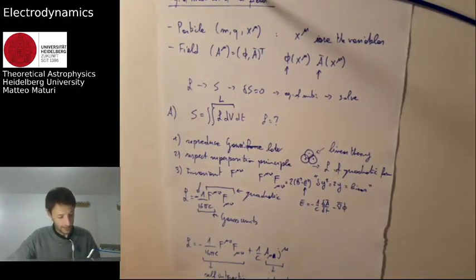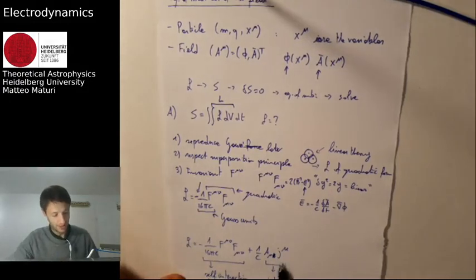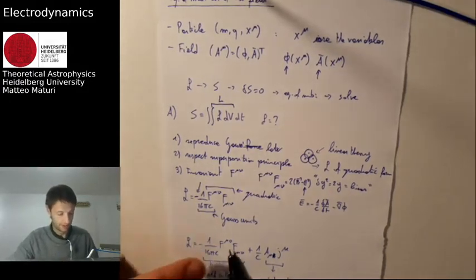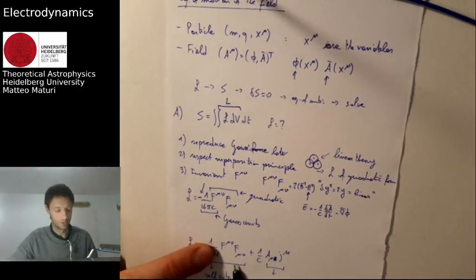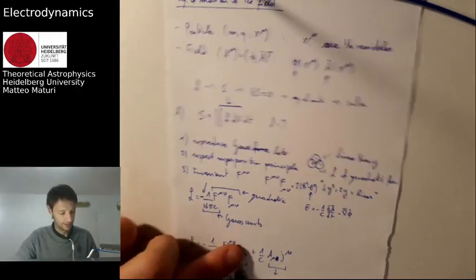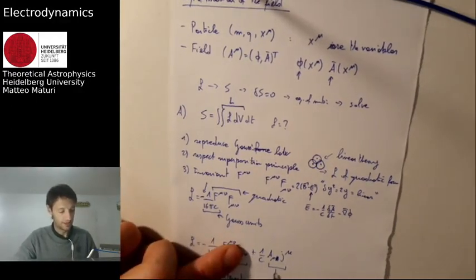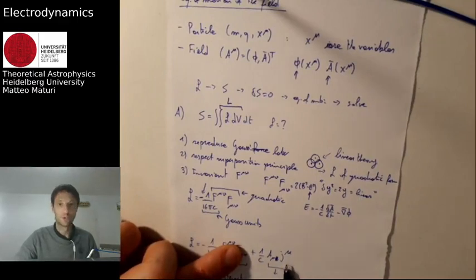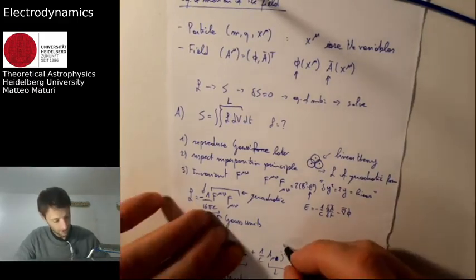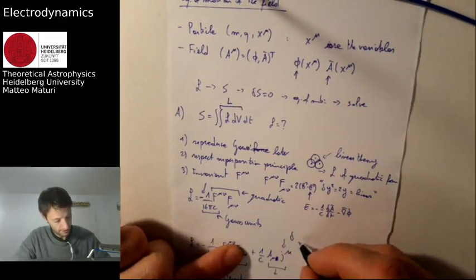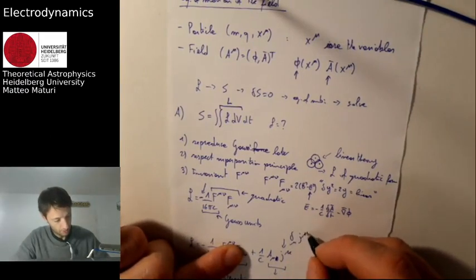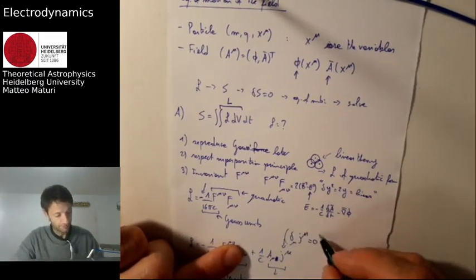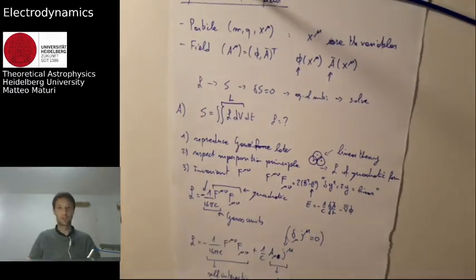And again, you see that all of this is invariant, because this term is an invariant quantity, as we have seen, and this term here is invariant because of charge conservation. I remind you that the divergence of J mu is equal to 0, which expresses charge conservation.